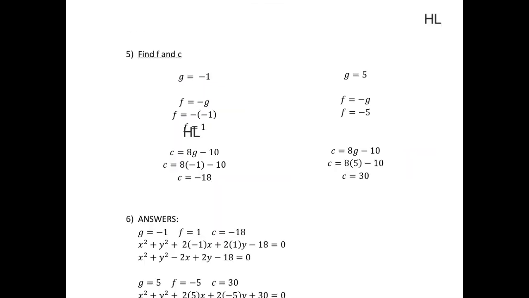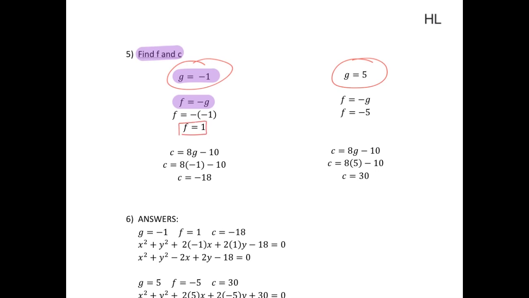Like I said at the end of the last slide, now our task is to find f and c, but we have two different values for g. So we'll get two different values for f and two different values for c. If we look at the case where g is equal to minus 1 first, we had the equation f is equal to minus g, so f is equal to 1.